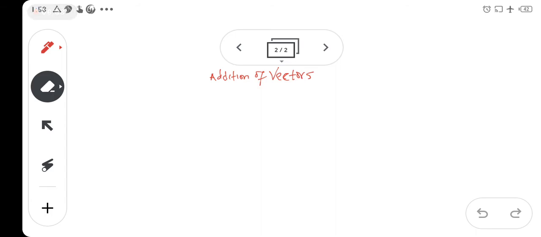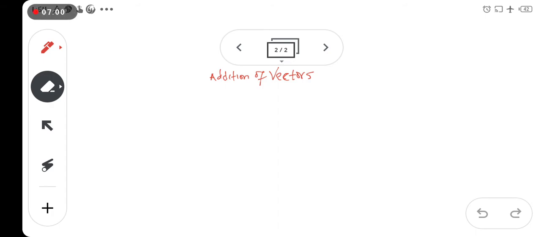The triangular law of addition states that if two vectors are represented by two sides of a triangle in both magnitude and direction, then the third side of the triangle represents the magnitude and direction of the resultant of those two vectors.